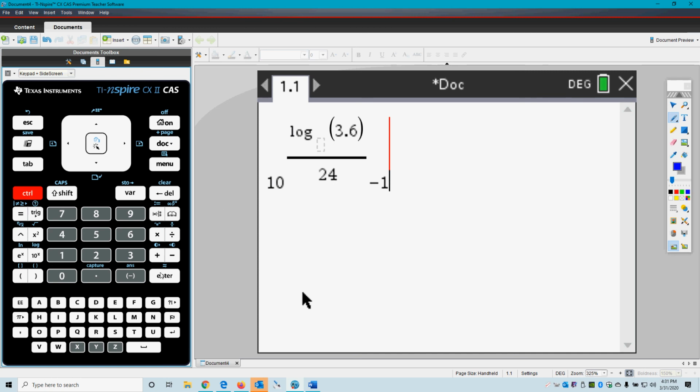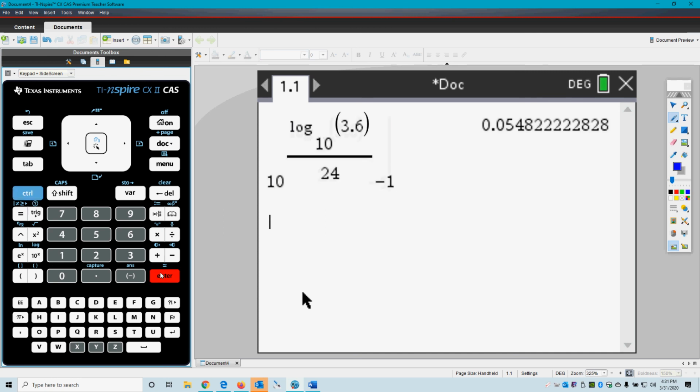Okay. Don't round. And then times that by 4, because the whole thing on the outside is times 4. And you get 2.19288. I think we did something wrong here. Nope, I think we're good.